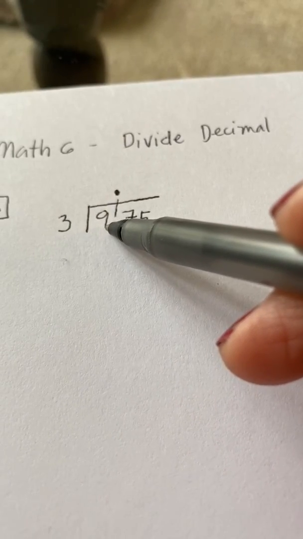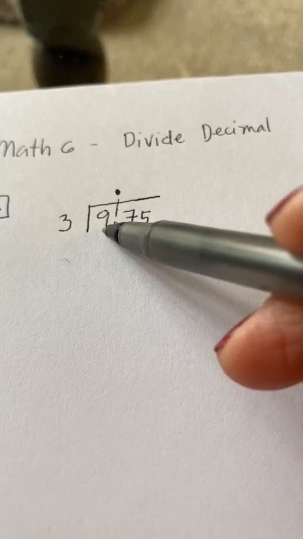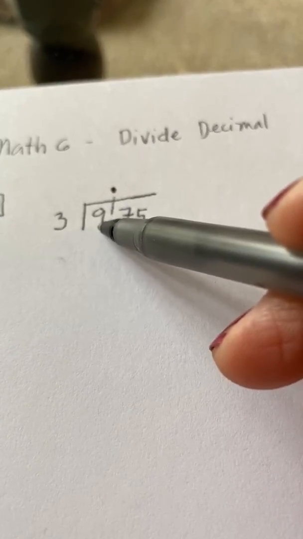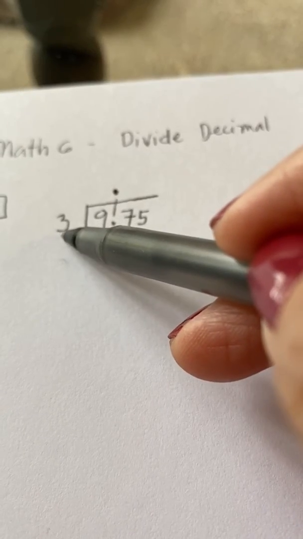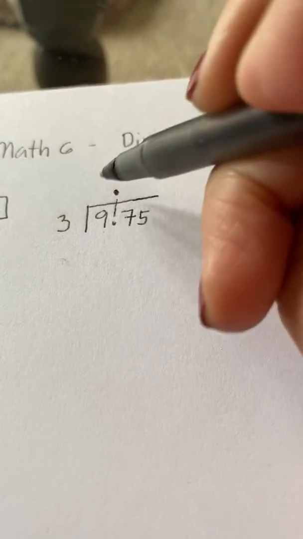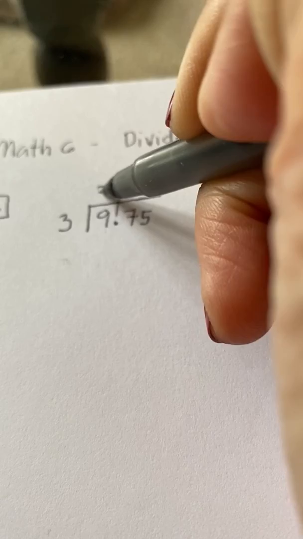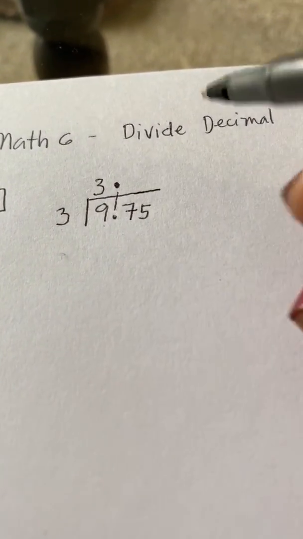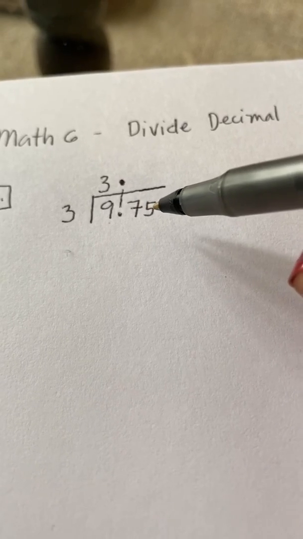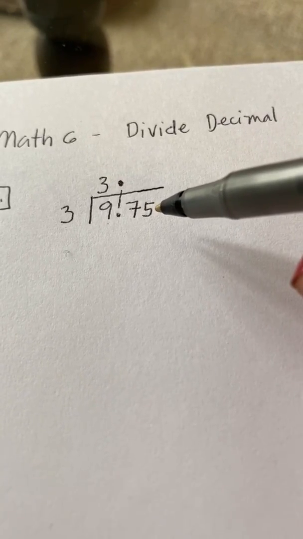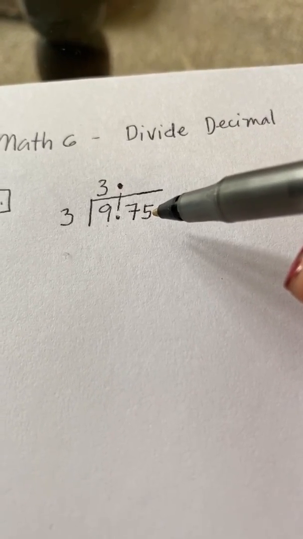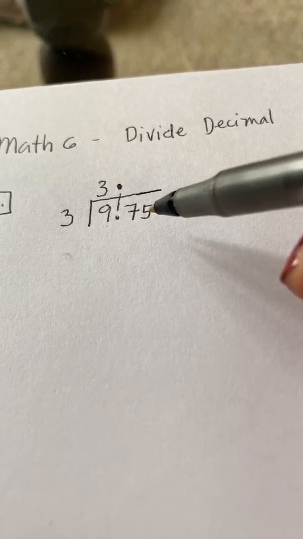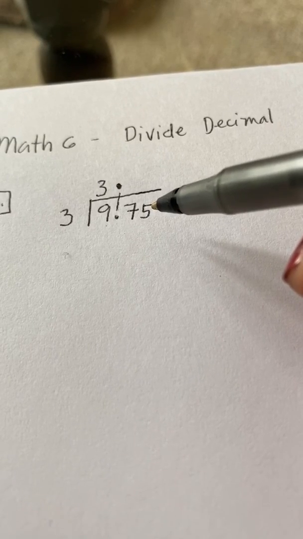So the first number that I have here is 9. So I'm going to start with 9. It will be 9 divided by 3, which is equal to 3. Now, how did you get that answer? It is easier if we have memorized our multiplication table, because dividing is always the counterpart of your multiplication.